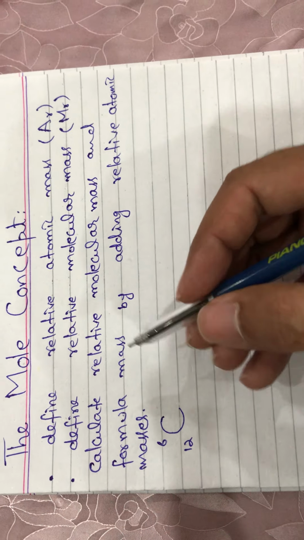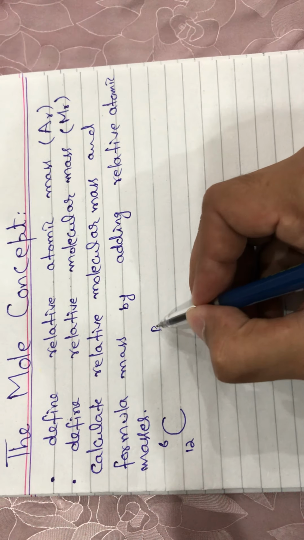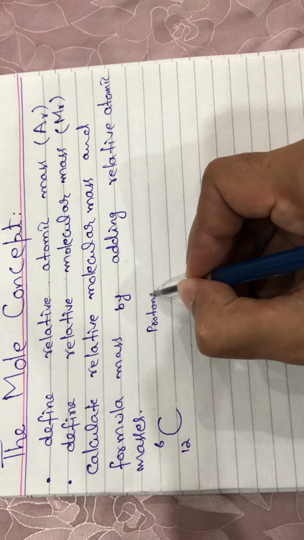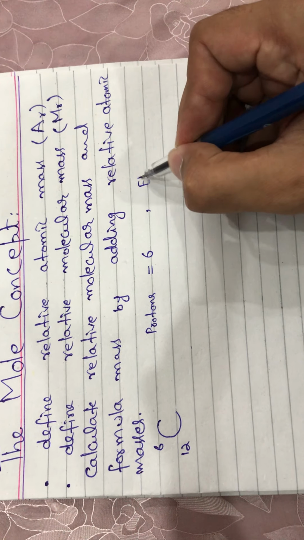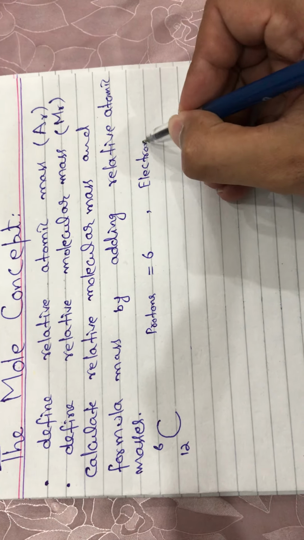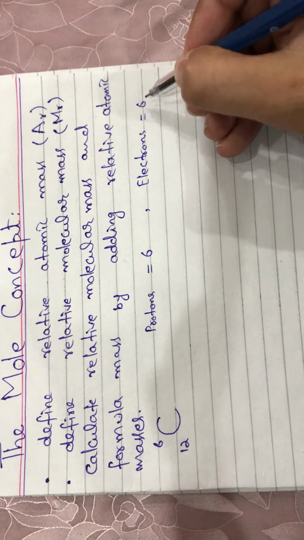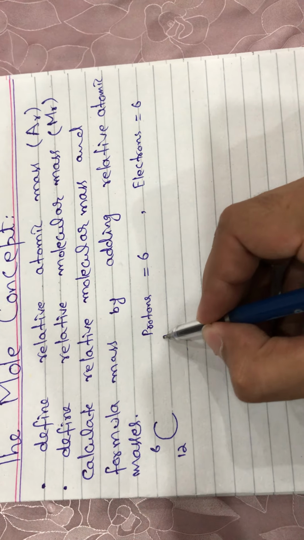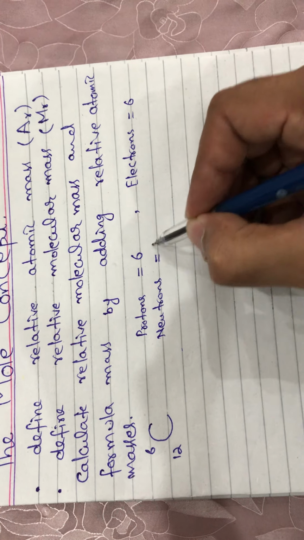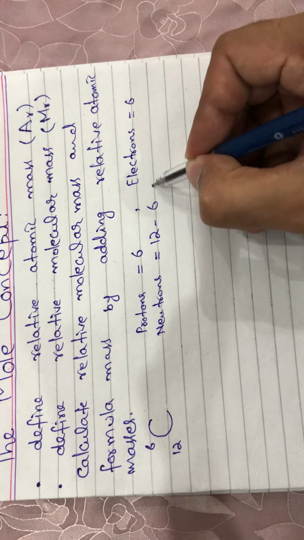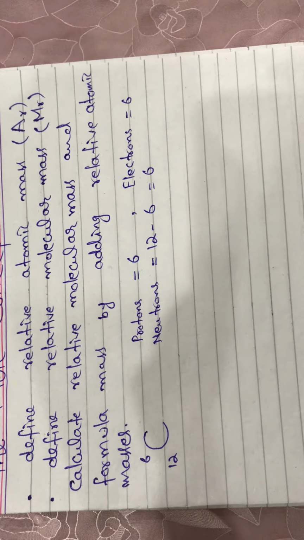It means that it has 6 protons, 6 electrons, and neutrons are 12 minus 6, the answer is 6.